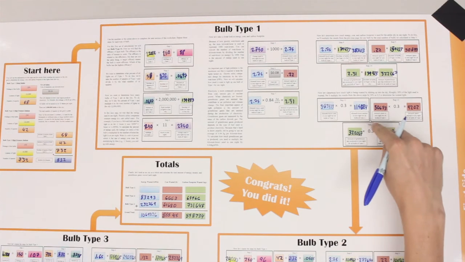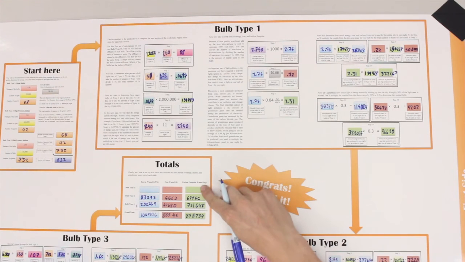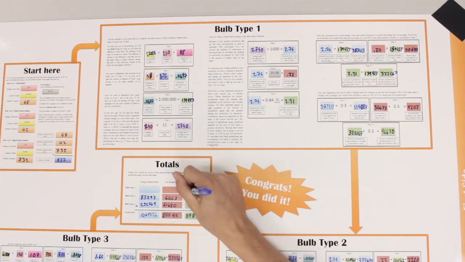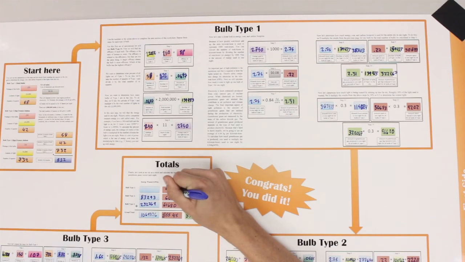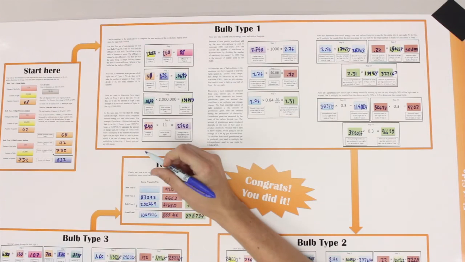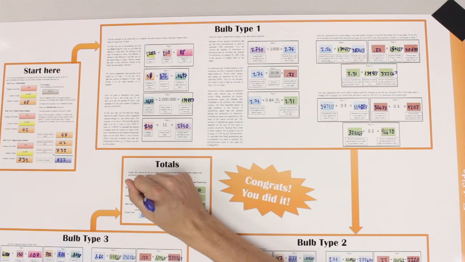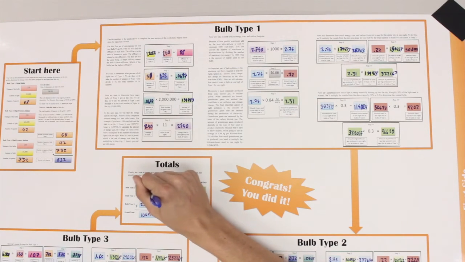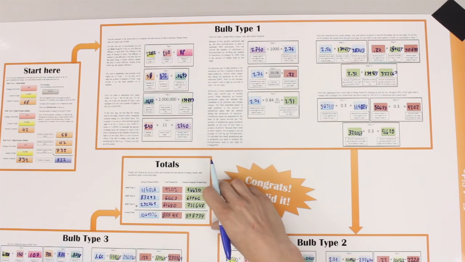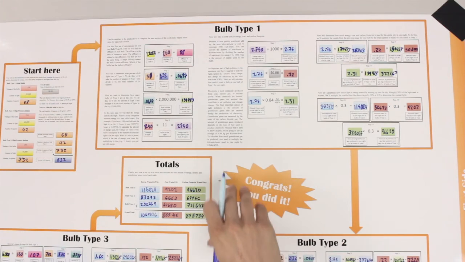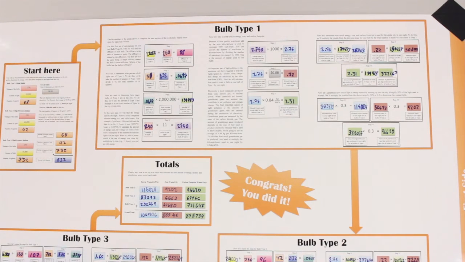Now, take these final numbers and plug them in over here in the corresponding colors. After adding these up, this is your grand total of the amount of carbon, cost, and energy wasted on unshielded lights.